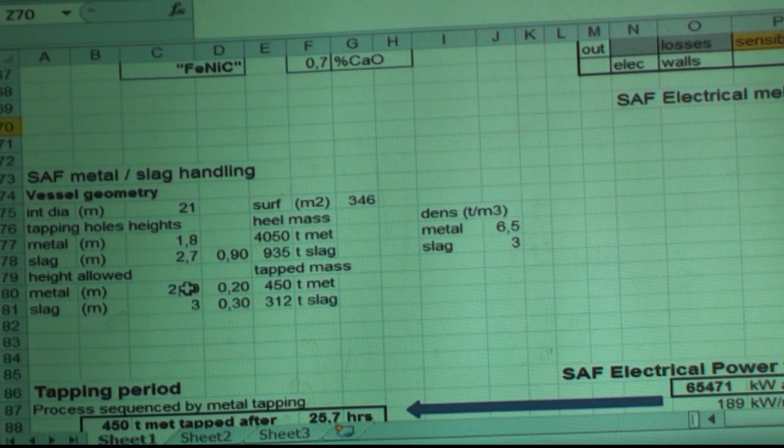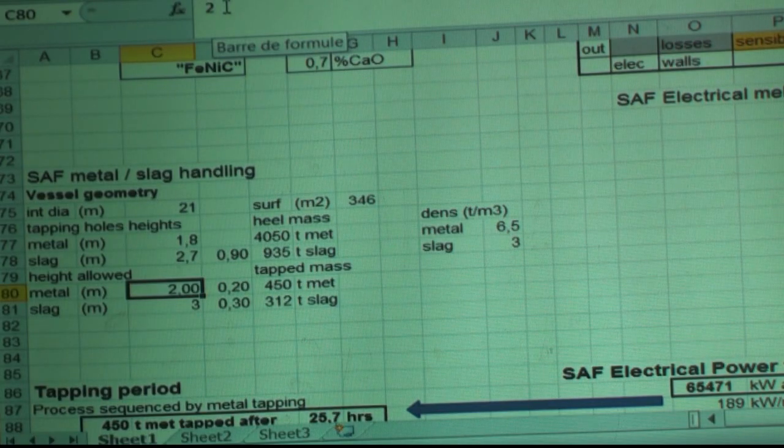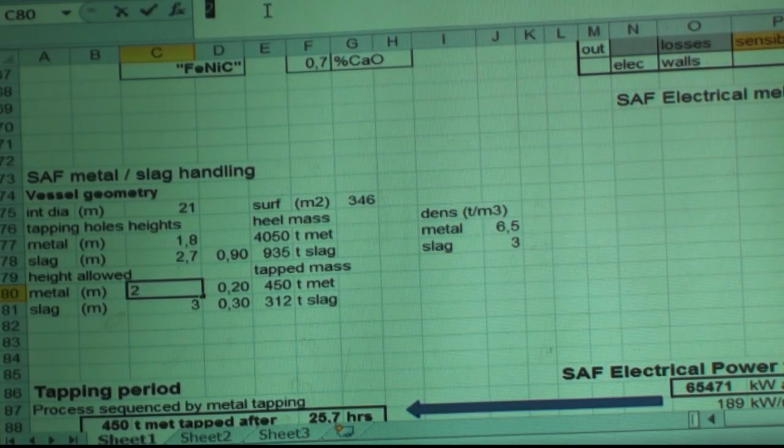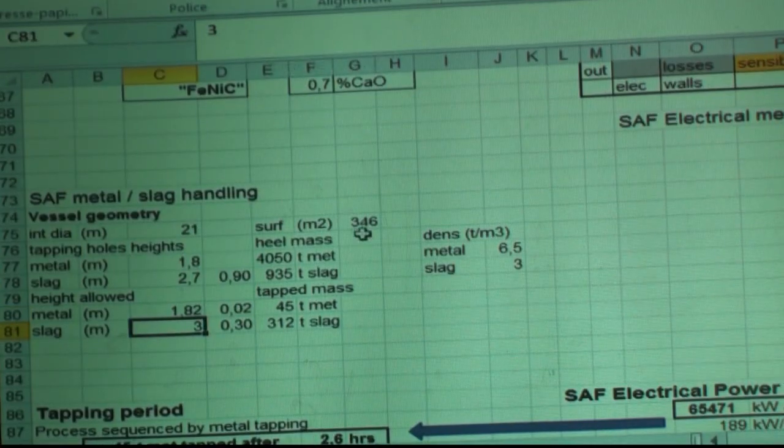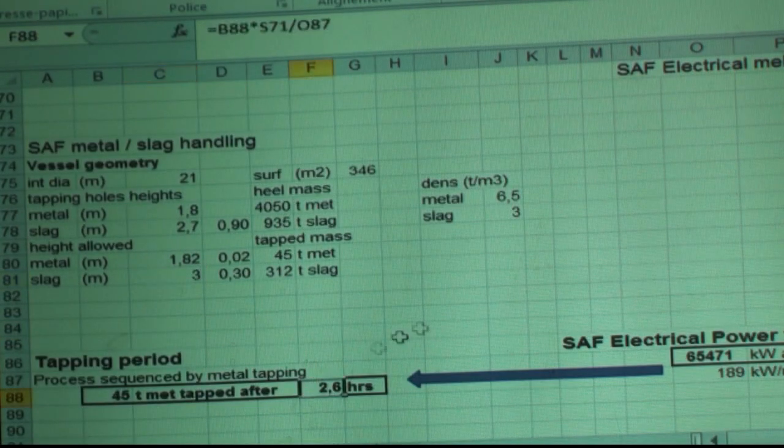So it's possible. Then we set here metal, metal we tap 10 times a day. 8 to 9 per day. Look, if we say the metal is 1 point, here we have the 8 times or the 9 times. This means that they tap only 2 centimeters of metal, but of course it's possible.